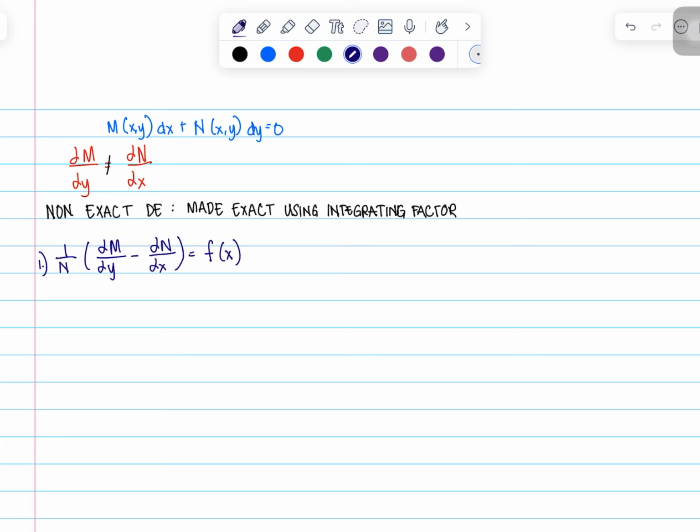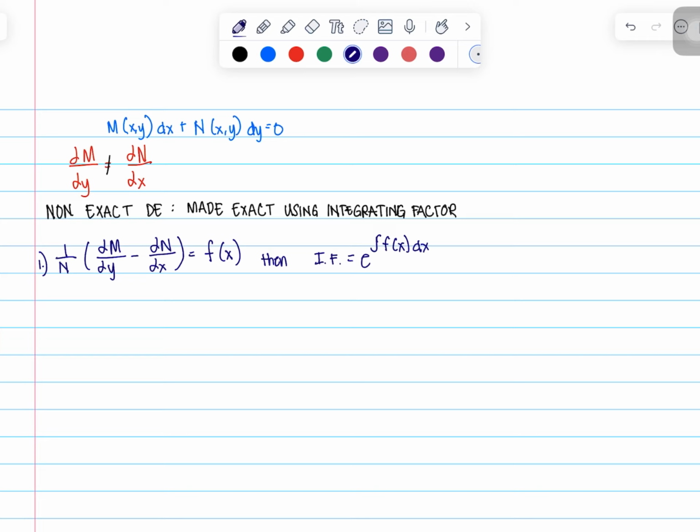If you have an equation like that, then the integrating factor should be e raised to the integral of f of x dx.